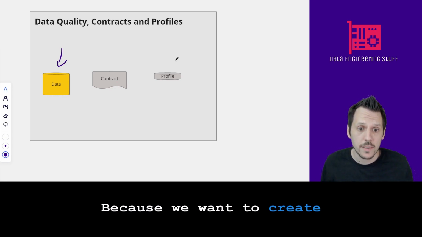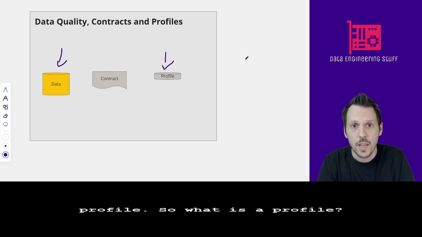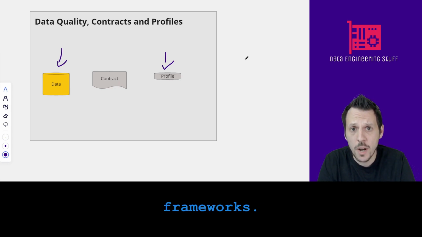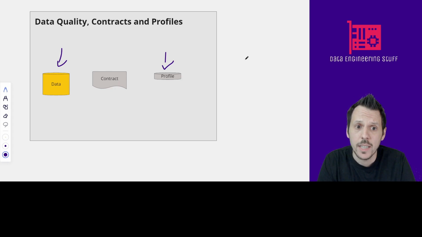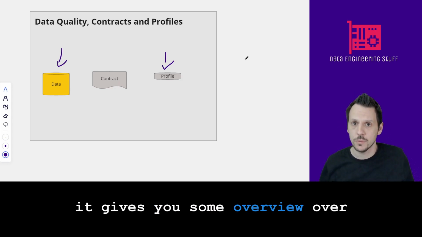Because we want to create something that is called a profile. So what is a profile? A profile you can create with different frameworks, and it gives you some overview over the data.